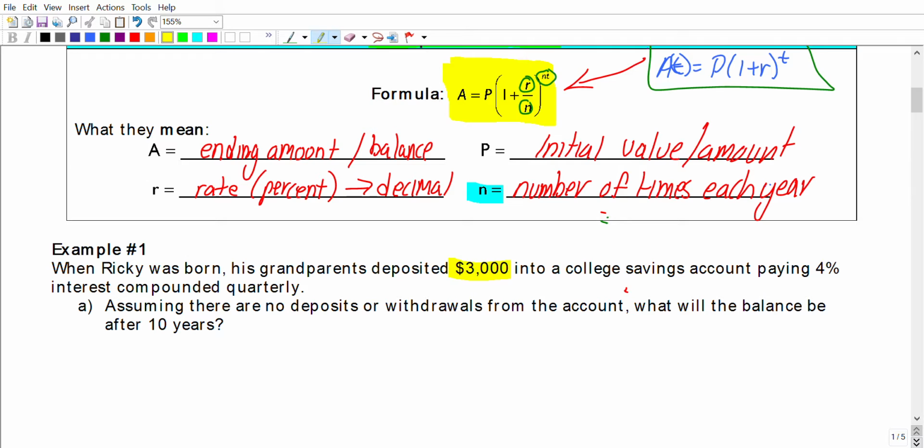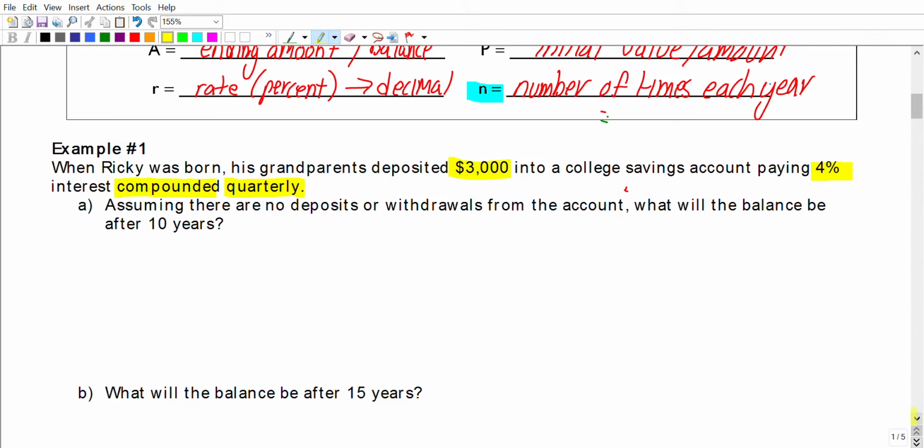They deposited $3,000 into a college savings account, paying 4% interest, compounded quarterly. Okay, it says, assuming that there are no deposits or withdrawals from the account, what is the balance after 10 years? Okay, so we are using our compound interest equation.